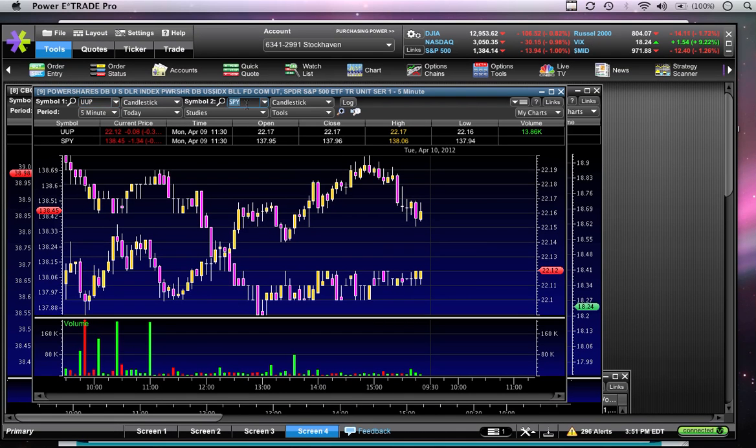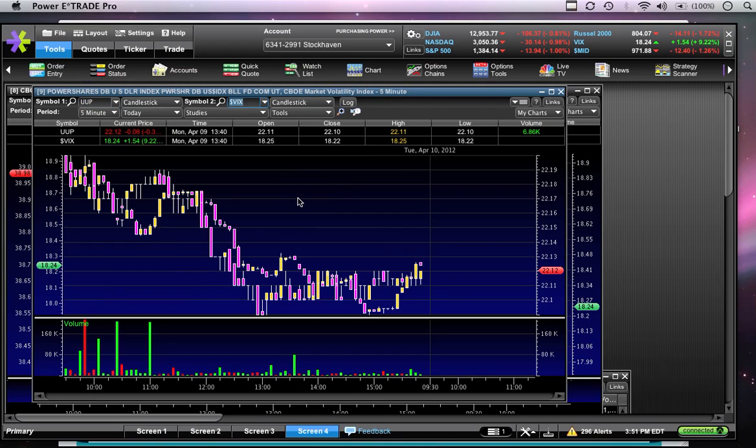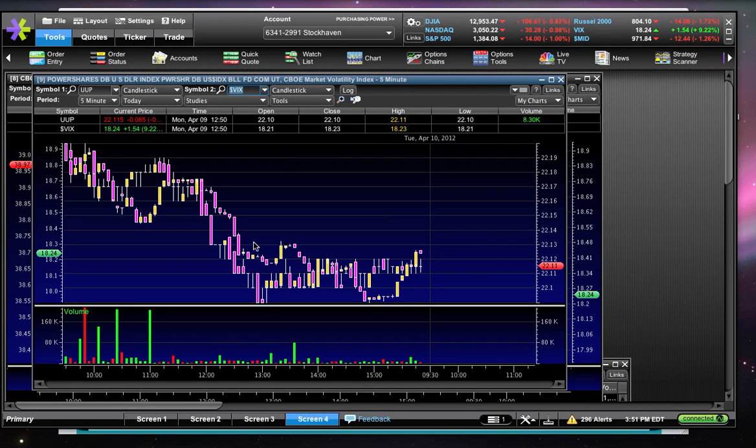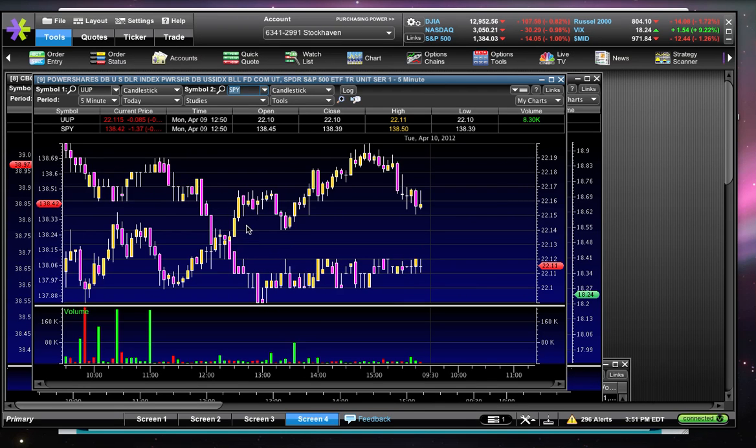So, by that logic, the VIX and UUP are correlated right now. Okay? You can see that they overlap each other, showing a strong correlation going on right now. So, with those two things known, we can come up with a thesis.